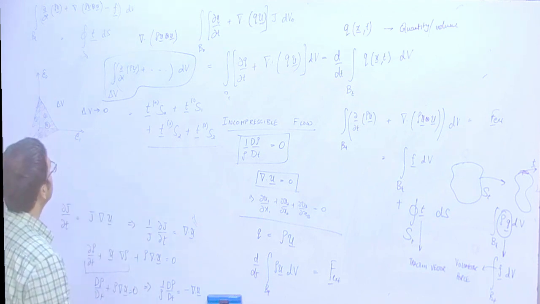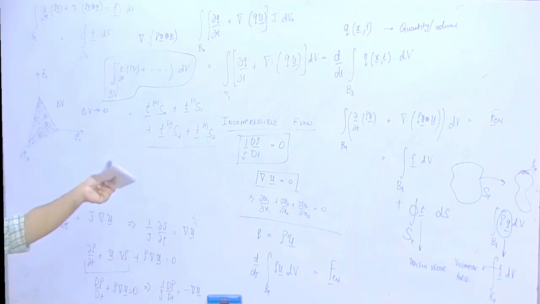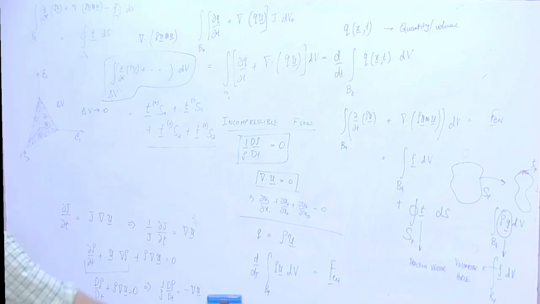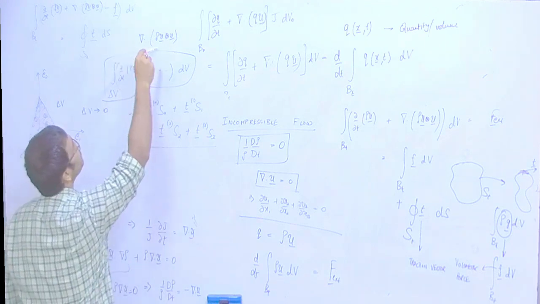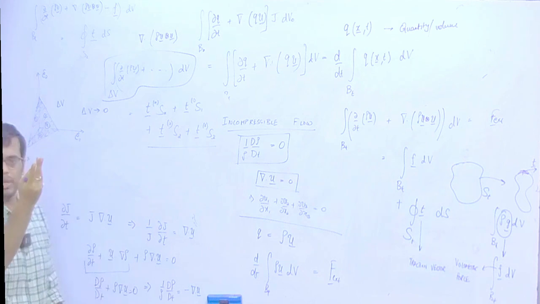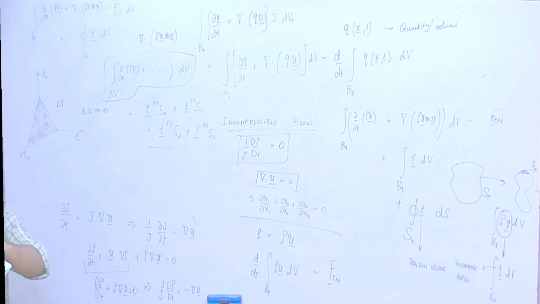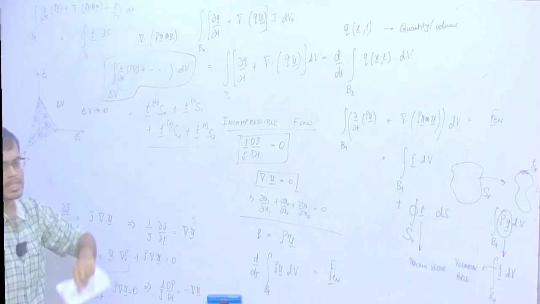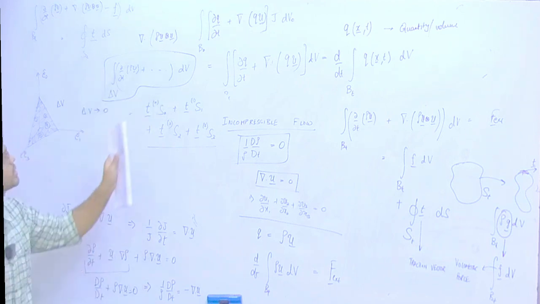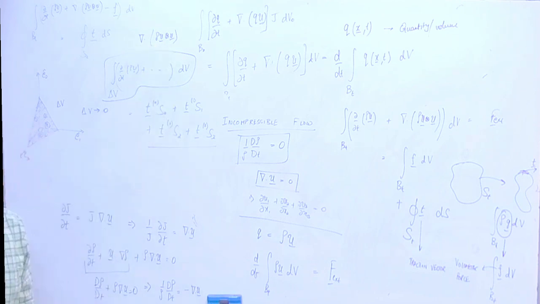This will be useful when we apply the same equation to an interface of two fluids. When I apply this equation to an interface of two fluids, the velocities might be continuous, but the density will not necessarily be continuous. So you have to be careful in saying that in the limit of delta V going to 0, this integration is 0, given that this quantity is continuous, smooth, differentiable.